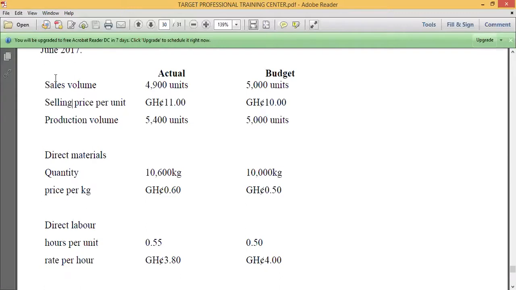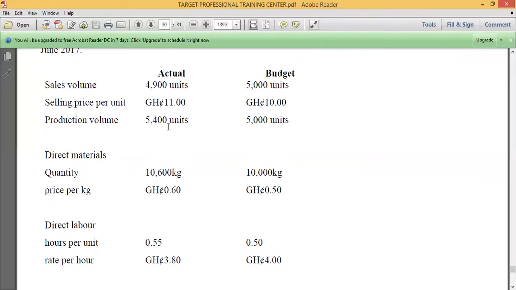So we can start with the budgeted profits. Sales price, and then we affect the sales volume variances, right? Good.